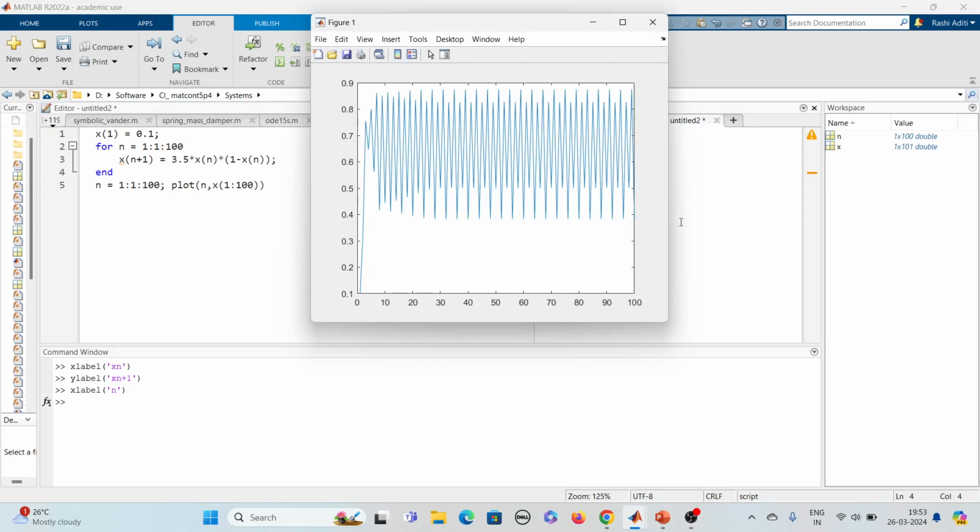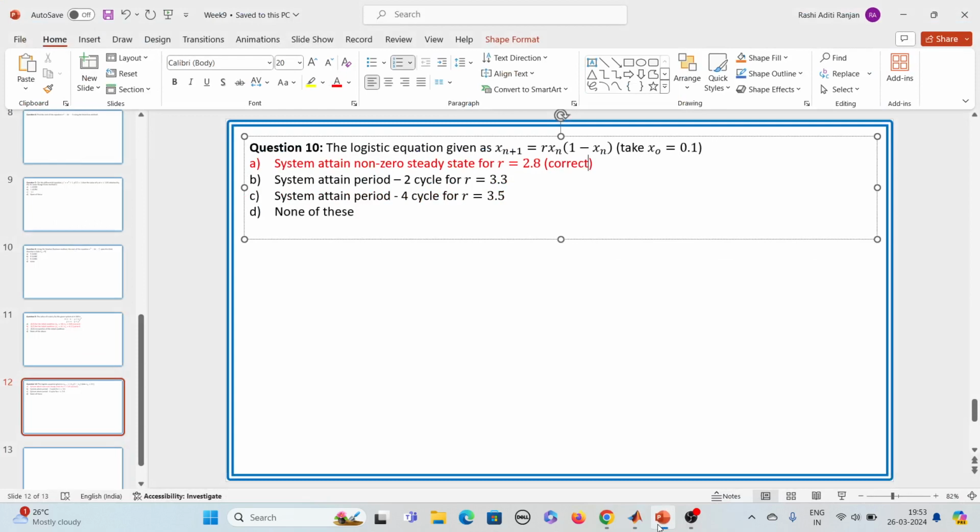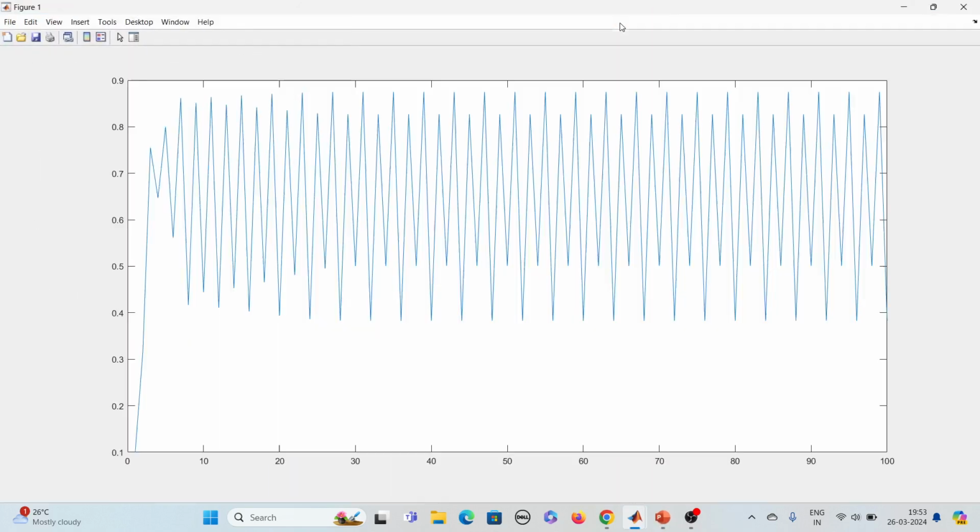Now if you see here, if I consider this value, after one generation it is attaining this value, after two generations this value, after three generations it is again attaining this value, and after four generations it is attaining this value again, which was the initial state that I considered.